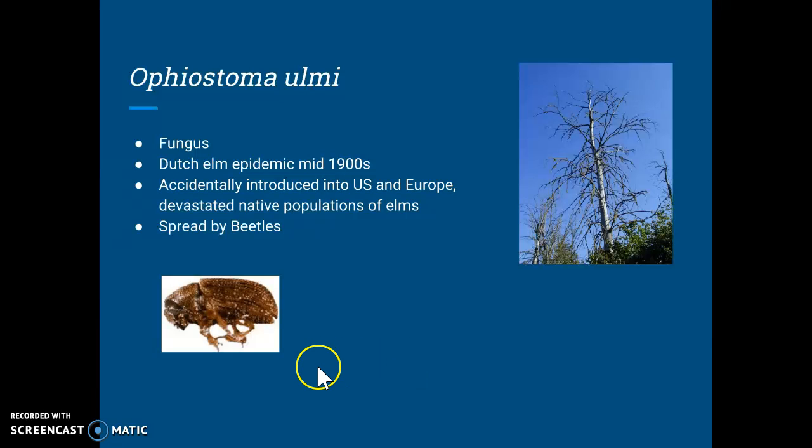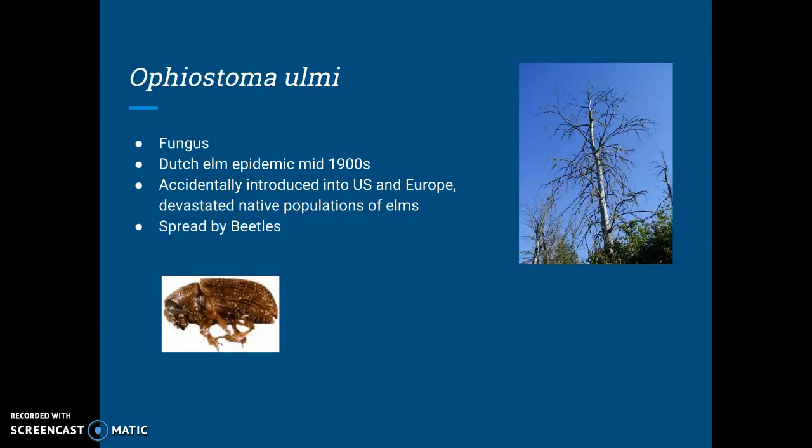It's spread by beetles, which are the vector, but Asian elms did have resistance, and so people hypothesized that there was a furniture company that purchased wood that had these beetles inside of it, and they brought the disease to the United States in the mid-1900s.